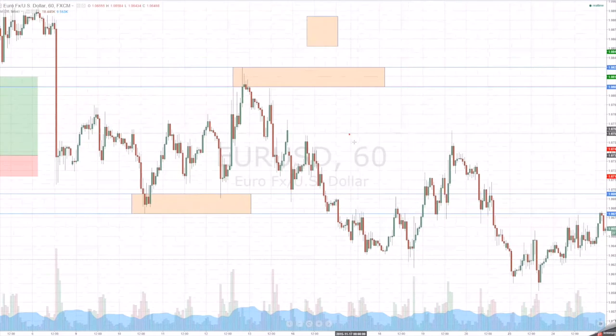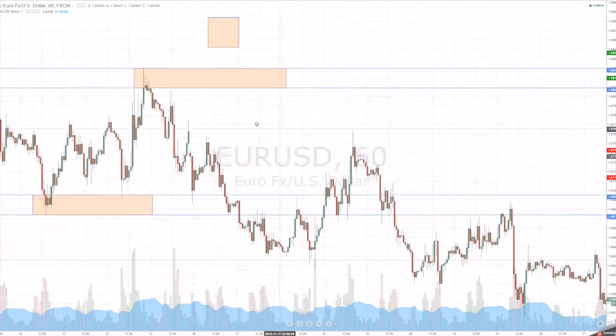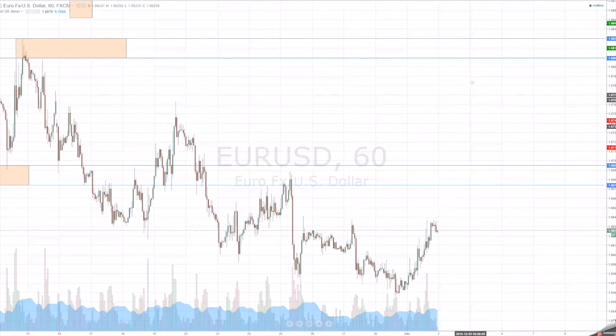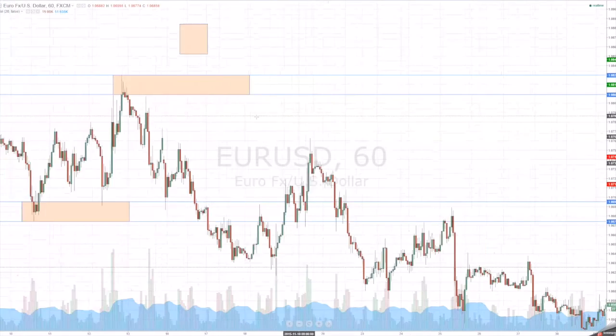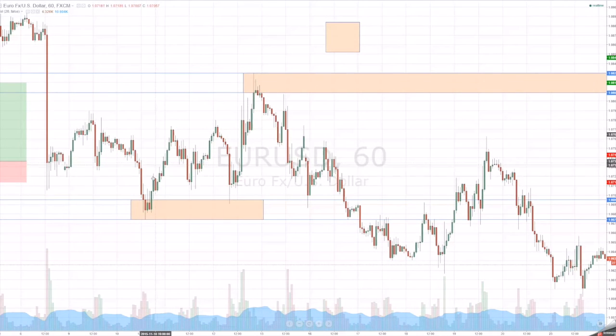So we could expect in the future price to eventually pull back to this level, test it very rapidly, potentially with a nice increase in volume, and fall back away from this area. So in the future, we'd be looking to enter when we see confirmed price action showing rejection of this area, ideally on multiple time frames, so we can see previous candles before we enter the supply zone showing significant weakness to the bullish side.